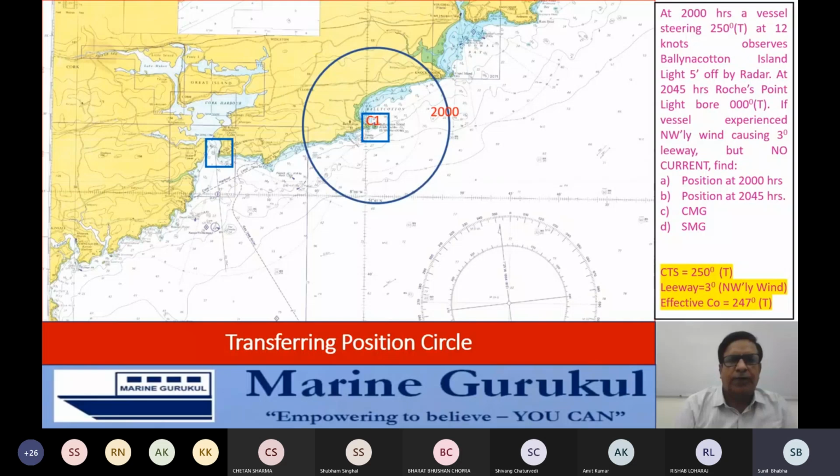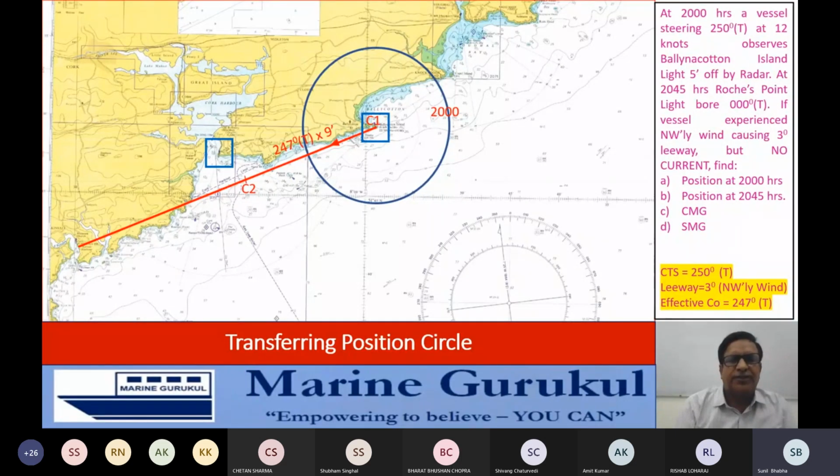Now to transfer it to 2045, we need to transfer C1. Since we have already allowed for wind and got the effective course as 247 degrees, we draw 247 through C1, represented by single arrow. On this, we mark off engine distance for 45 minutes, that's 9 miles. So 247 degrees into 9 miles, we get point C2. So that means now C1 is transferred to C2 because there is no current in this question.